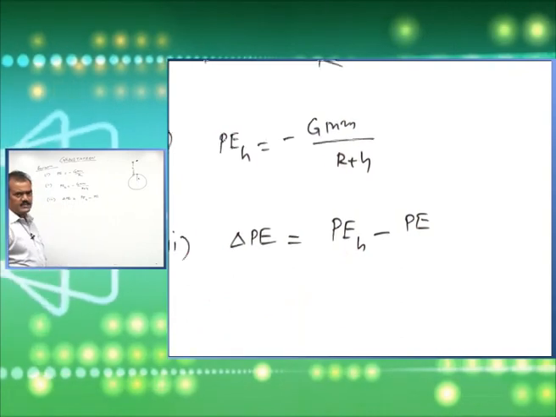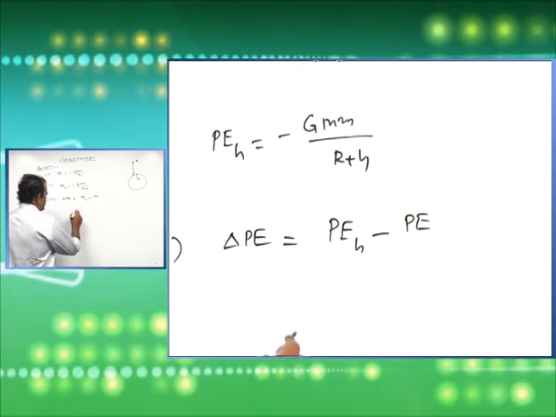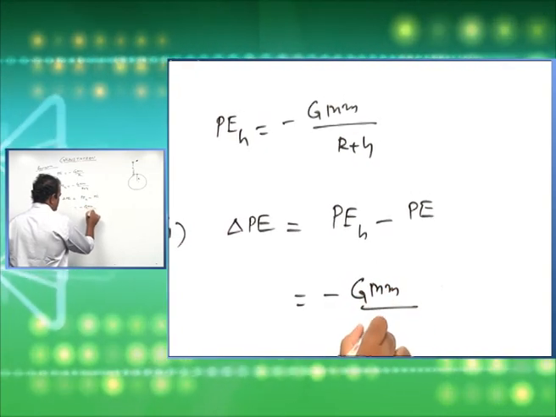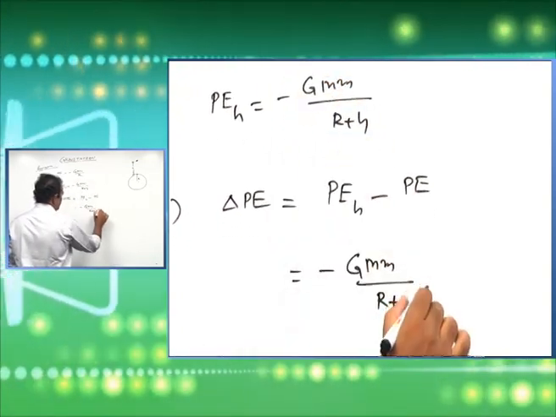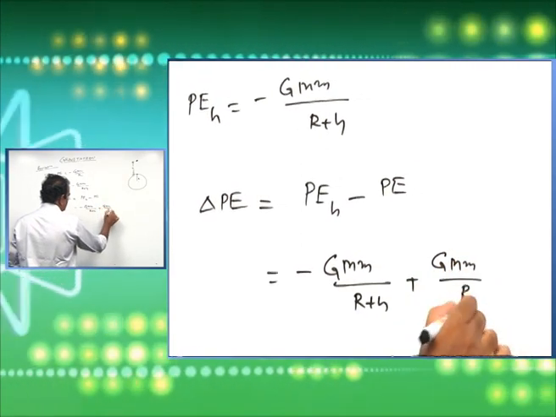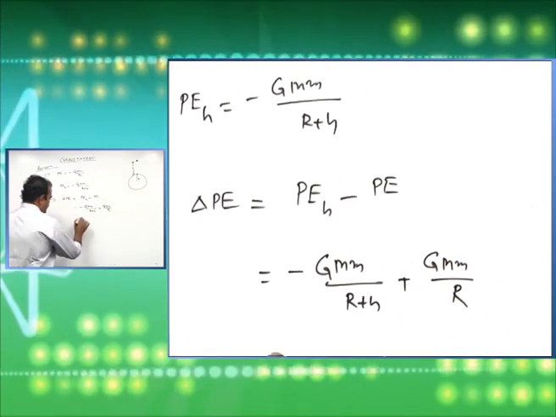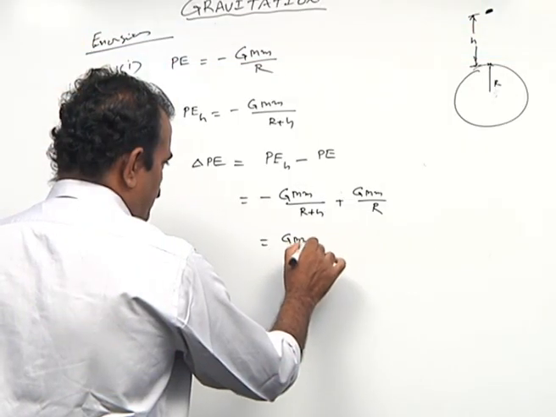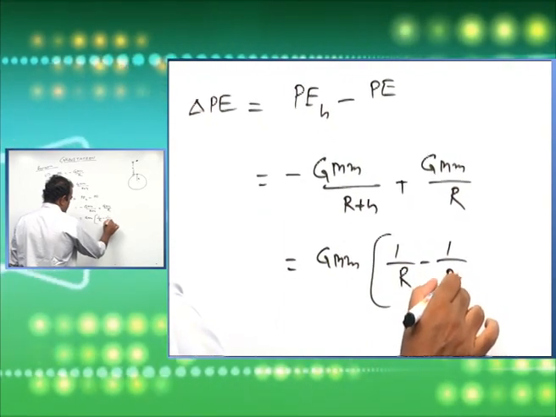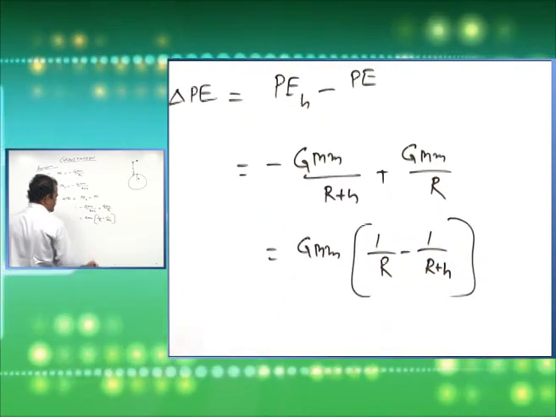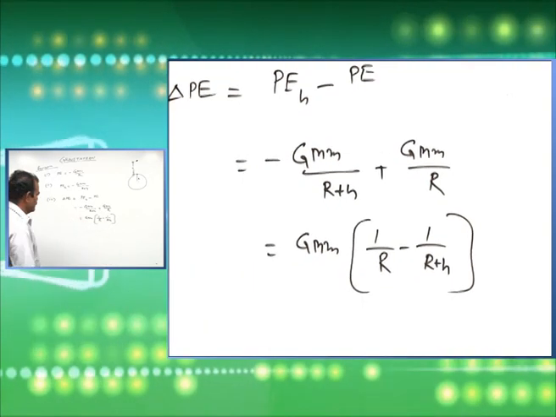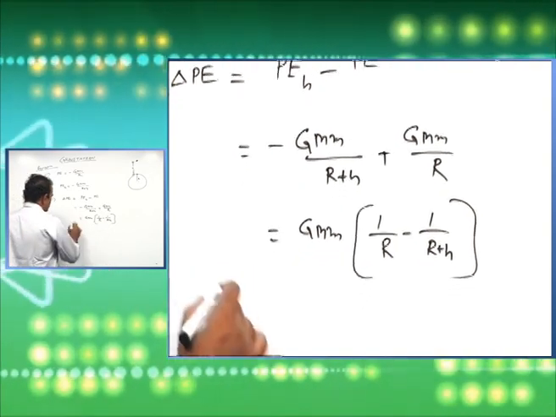So PEH minus PE is minus GMm by r plus h, and the minus of a minus becomes a plus GMm by r. Thereafter GMm is taken common, that becomes 1 by r minus 1 by r plus h, and this is the formula.